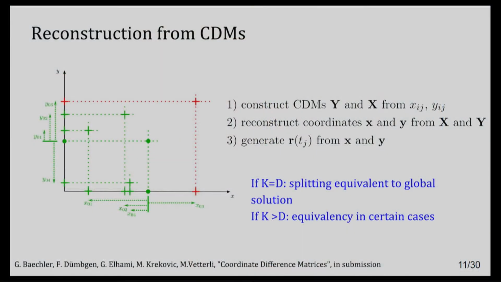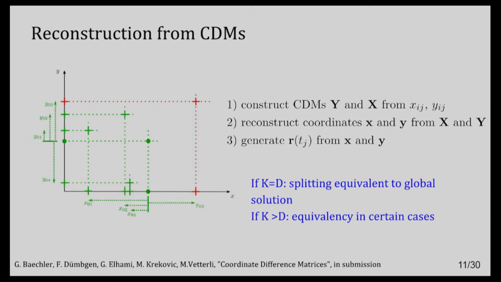And so we have shown that if the number of directions equals the dimension of your setup, so this is the case here where we have 2, then solving the problem in X and Y and then reconstructing the points from that is equivalent to directly finding the global 2D solution.